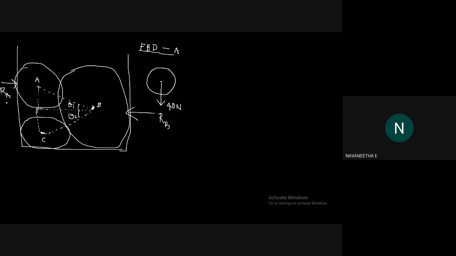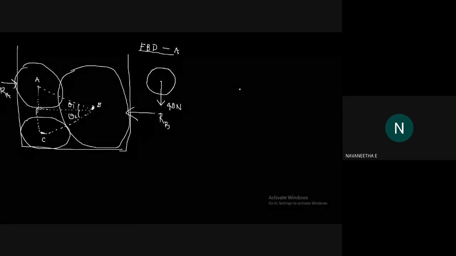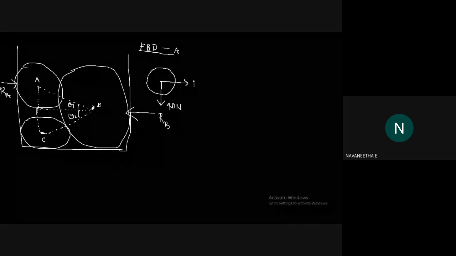Is it right? You can draw it like this: RA acting towards the right hand side along the x axis.